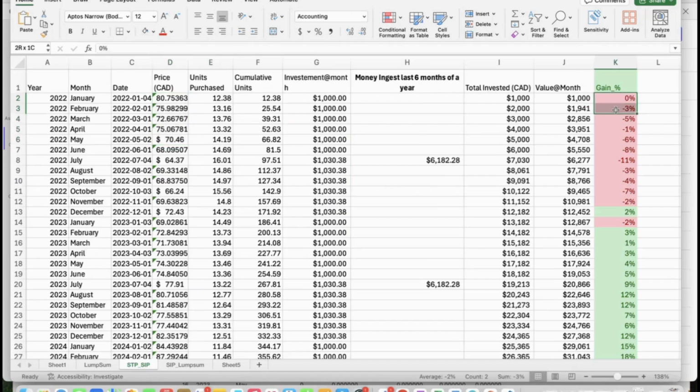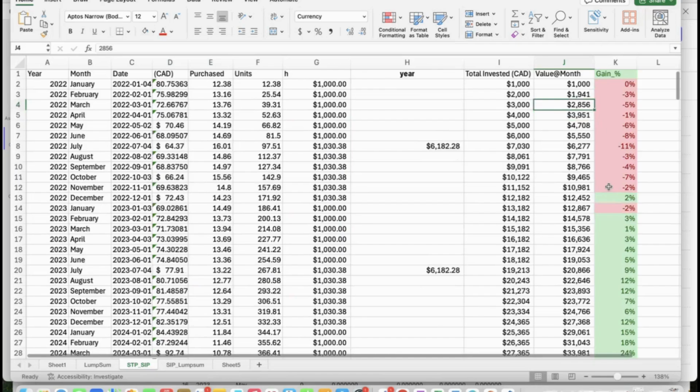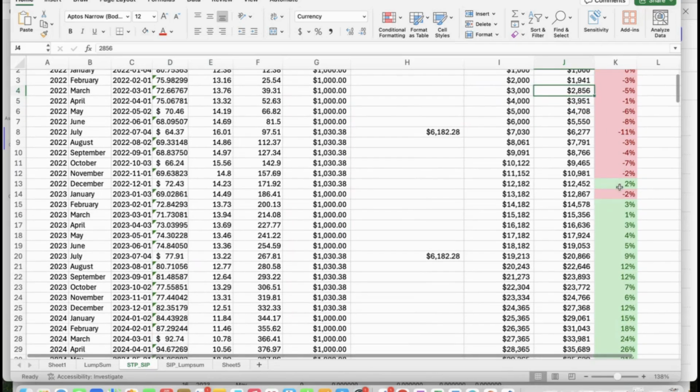So you can see that the actual value, the total investment value, was going down at the beginning because the market goes up and down and in different directions. But after a certain point of time when the market starts picking up, this is the benefit of doing SIP, consistently, that your investment actually starts picking up.